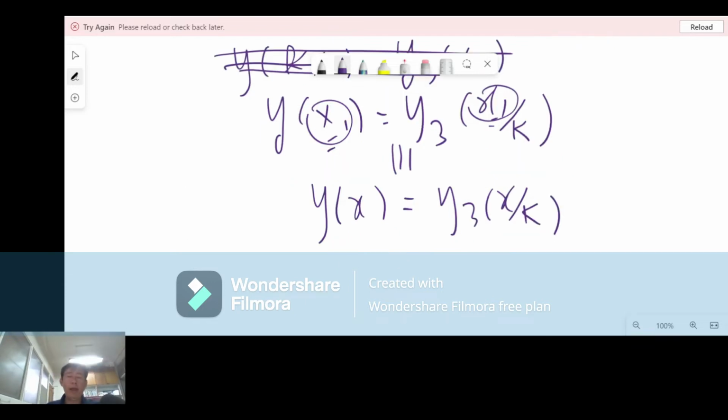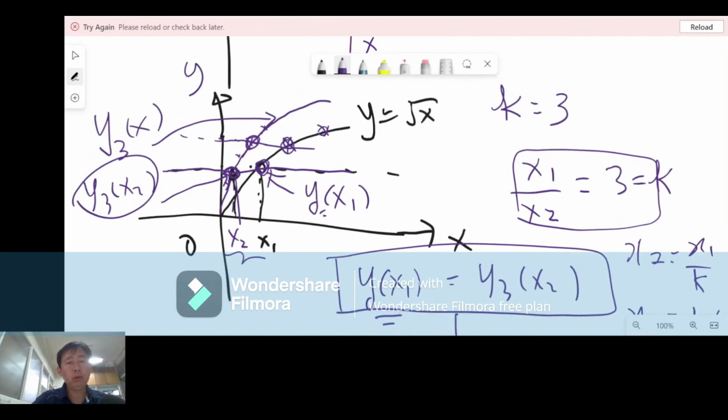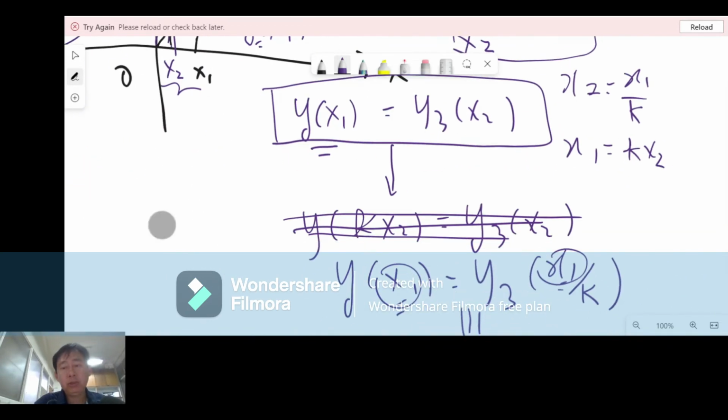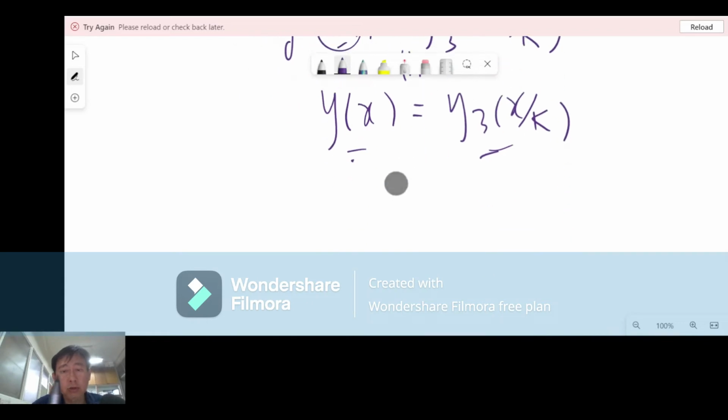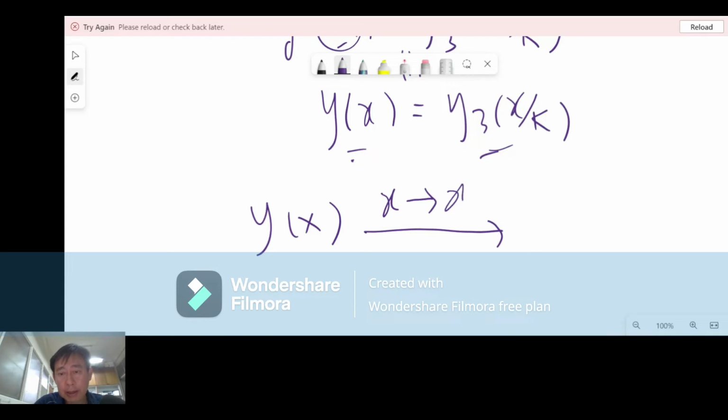So what I have concluded is that the relationship between y and y3 is such that y3 is related to y through this very simple relationship. In other words, if you have a function of y, you would carry out an operation of replacing x by dividing x by k.